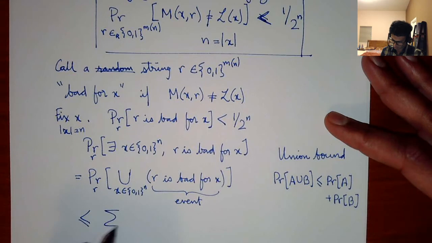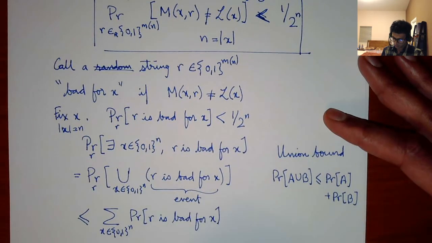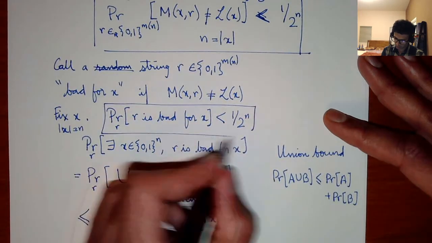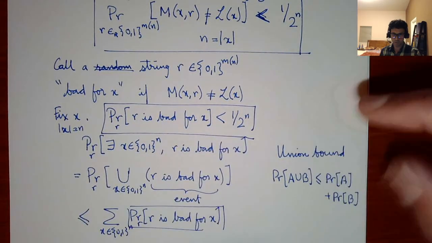So we say the sum over all x in {0,1}^n, the probability that R is bad for x. But we just bounded this quantity over here. And this was by the definition of BPP and the boosting that we got.